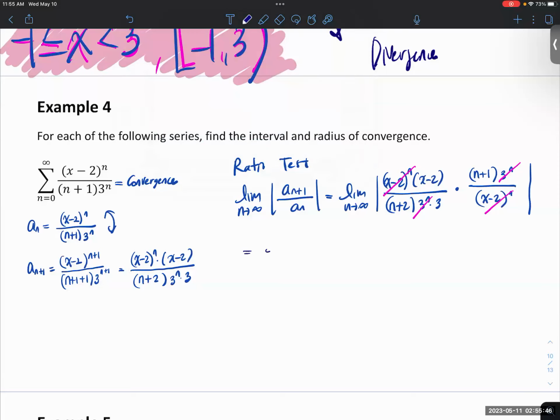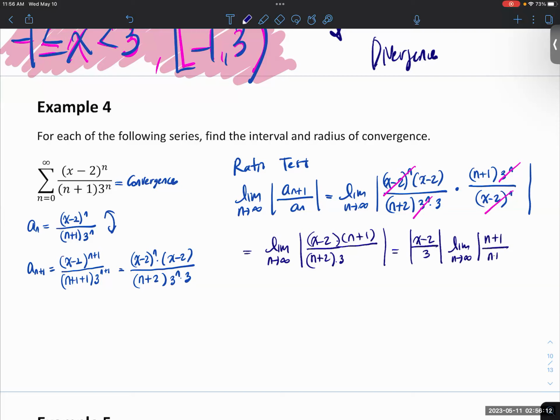So therefore, the limit of all the remaining stuff: n plus 2, 3, and we have n plus 1. So we know what's going on. I'm going to bring the constant (x minus 2) over 3 out, limit of (n plus 1) over (n plus 2).